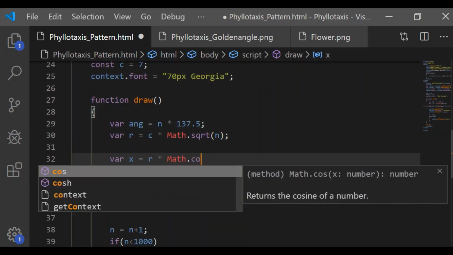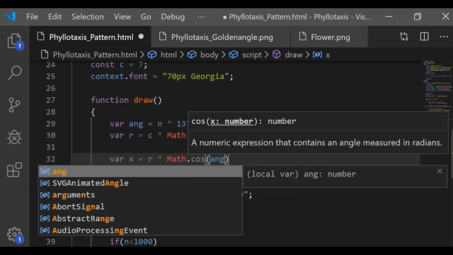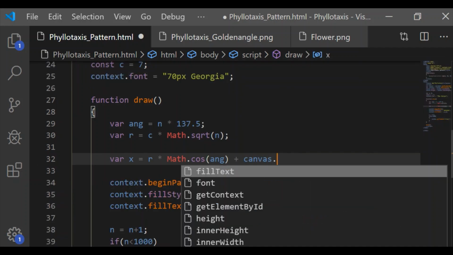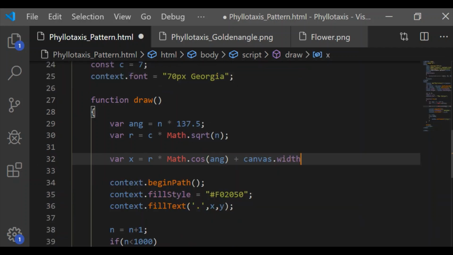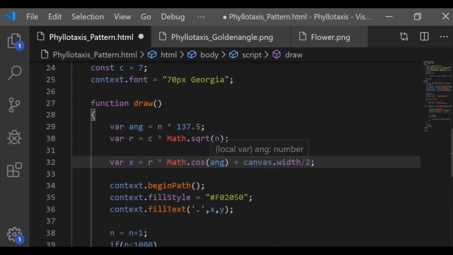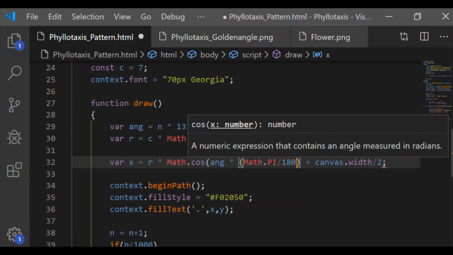Now variables x and y are dependent on r and angle, where variable x is equal to r times cosine theta plus canvas width by 2, because every time we want to start from the center. Center is where 0, 0. The angle has to be converted into degrees here.